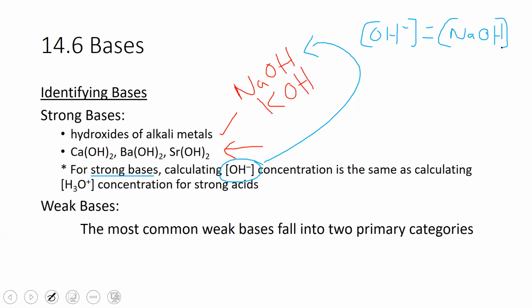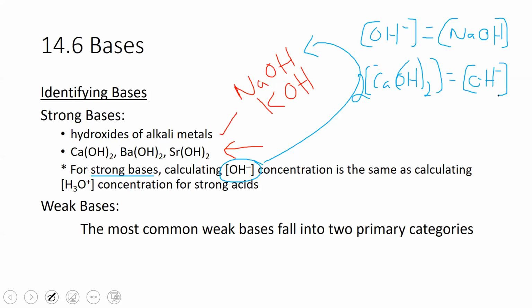If we were to have something like calcium hydroxide, though, right, then the hydroxide concentration will be 2 times, excuse me, I should make that change. Okay, so what we'll say is, for the hydroxide ion concentration of calcium hydroxide, it's going to be twice the concentration of calcium hydroxide because of the nature of getting 2 hydroxides per calcium hydroxide, right?